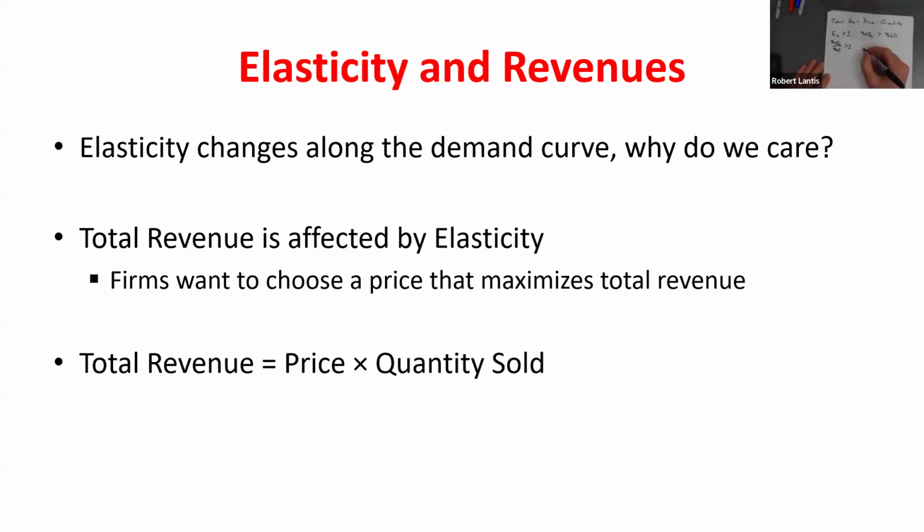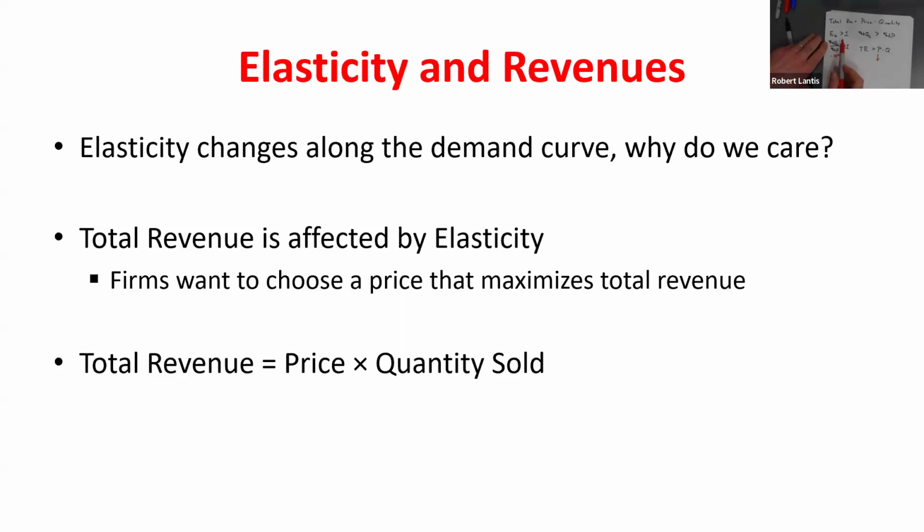So if I'm thinking about how total revenue is going to change if I were to lower the price, maybe I'm decreasing the price by, I don't know, 10%. What percentage change in quantity demanded am I going to get?